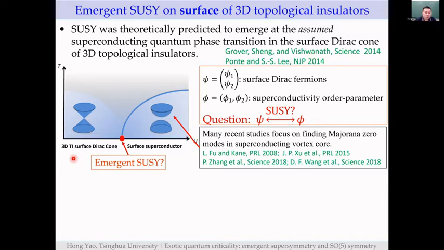On the surface of a 3D topological insulator, there is a single Dirac cone.